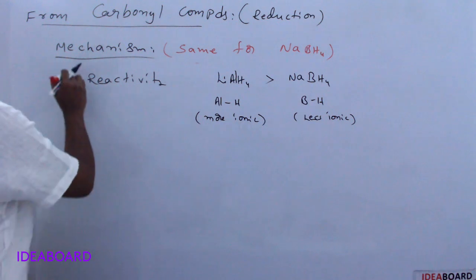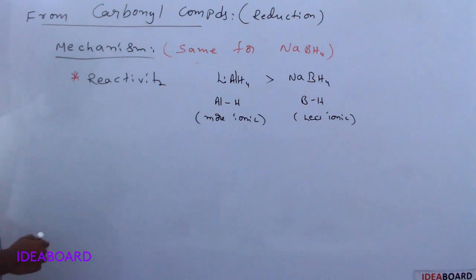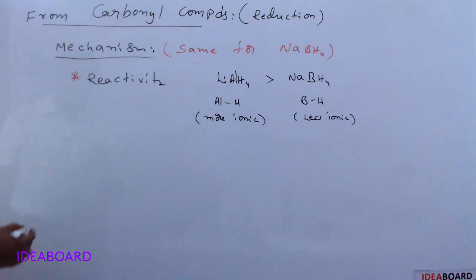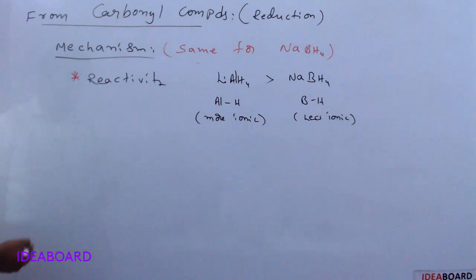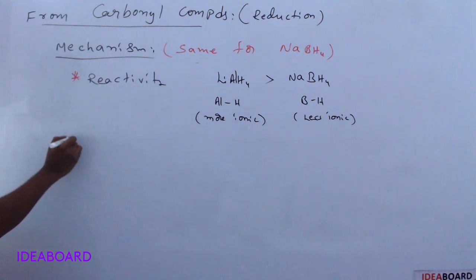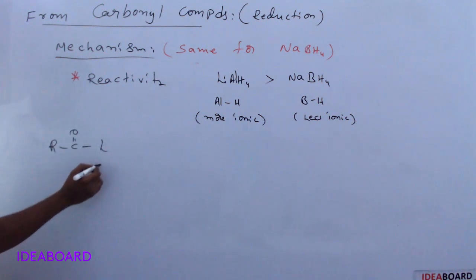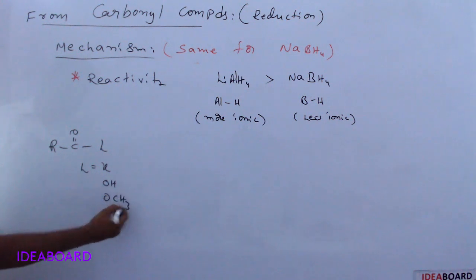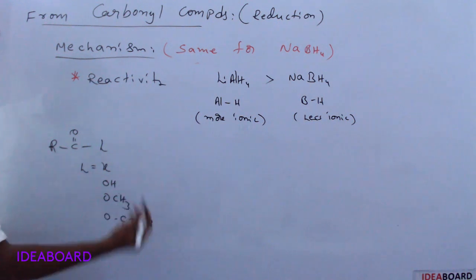So whenever they ask about reactivity, lithium aluminum hydride is more reactive than sodium borohydride. Because of this reason, when we take other compounds, not only aldehydes and ketones but carboxylic acid derivatives, for example RCOL, where L means a leaving group, the leaving group may be X, or an OH group, or an OCH3 group, or an OCOCH3 group.